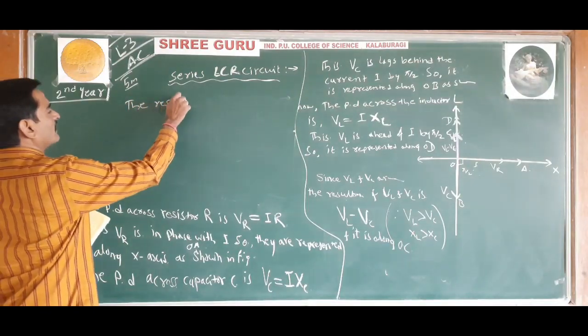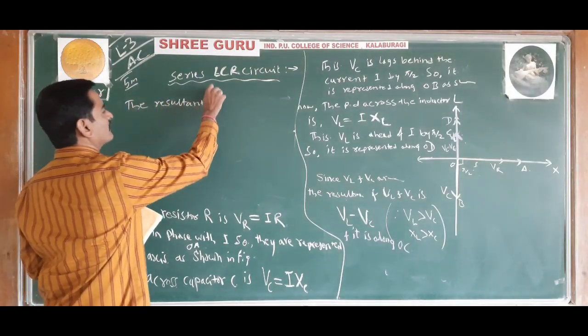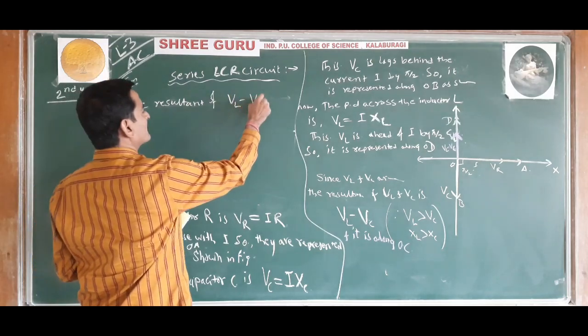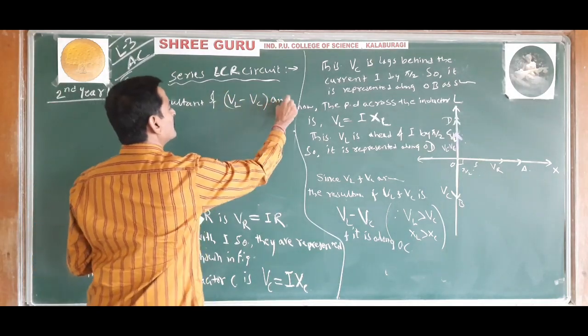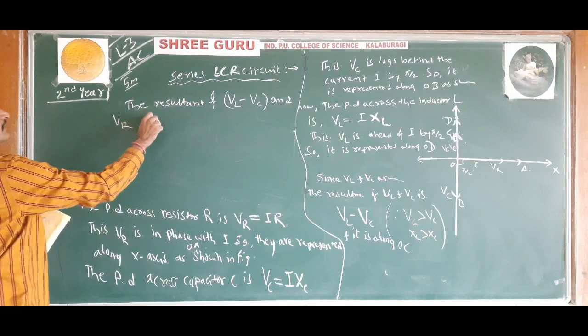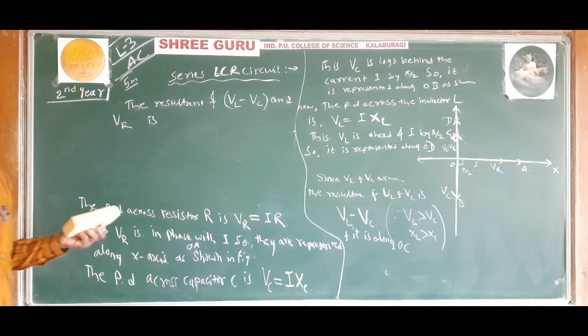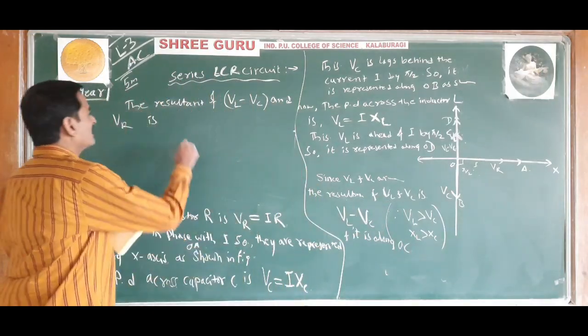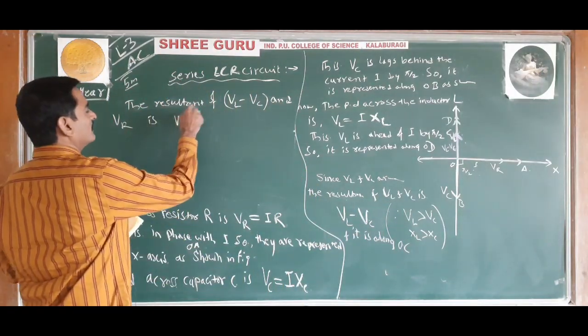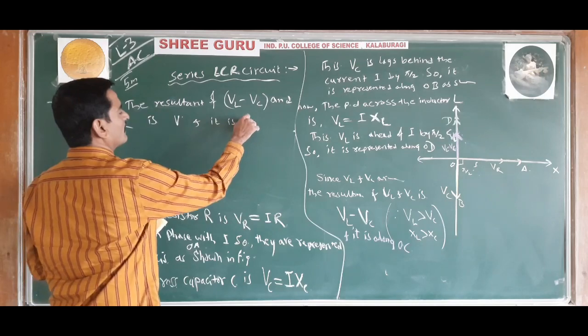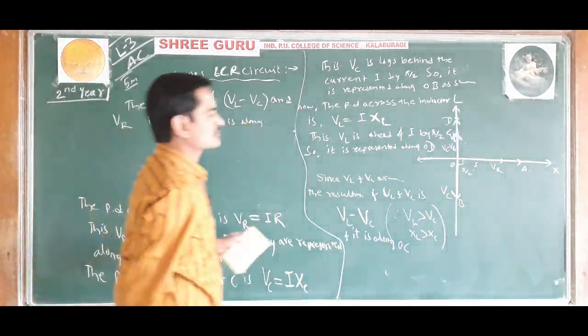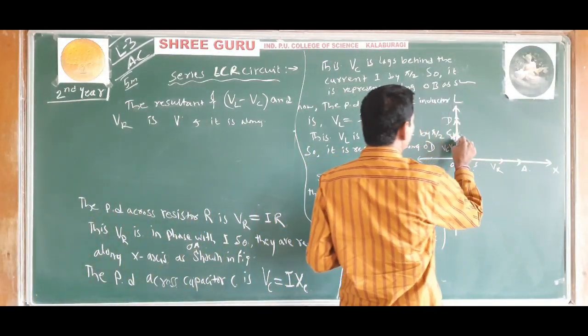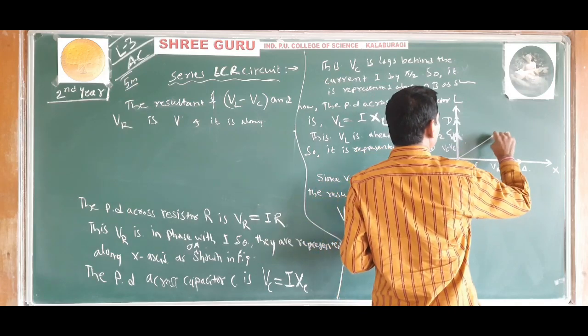The resultant of VL minus VC and VR, let us take it as V. VR is here and VL minus VC is here, so the resultant must be in between them.